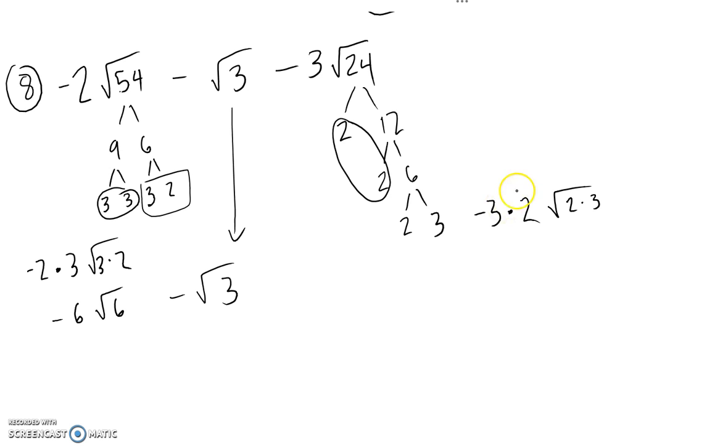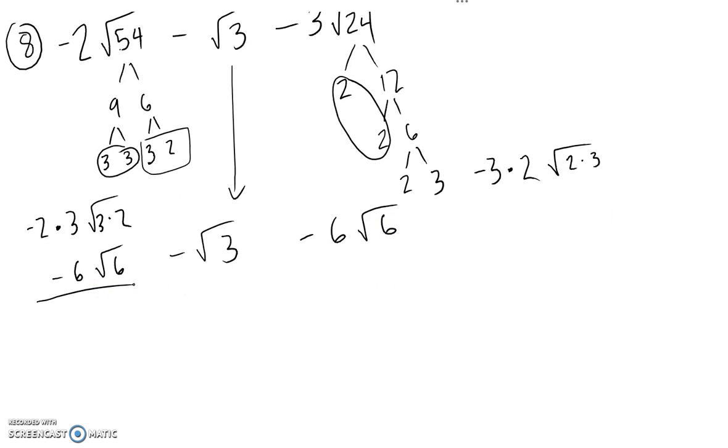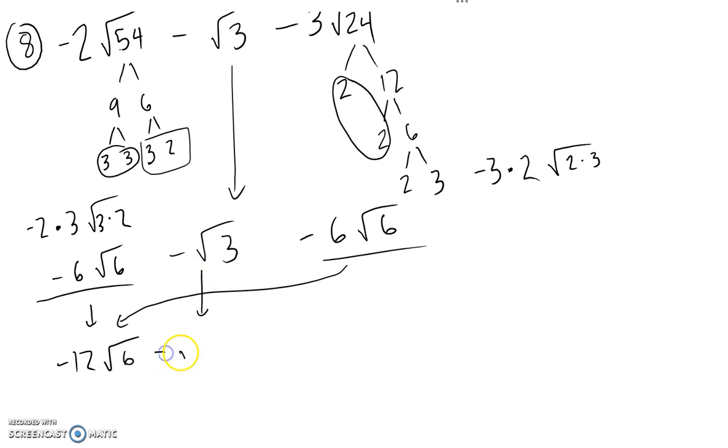So this is going to simplify to -6 square root of 6. Now you see that after I've simplified it, I actually do have 2 terms that can be combined. So -6 and -6 are going to combine to -12 square root of 6. This minus square root of 3 just comes down because, as we said before, it has no friends. This is our final answer, and we're done.